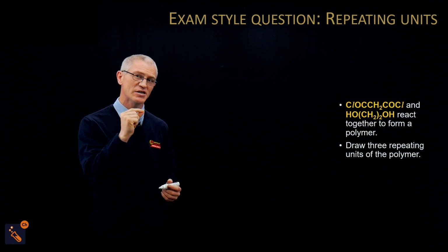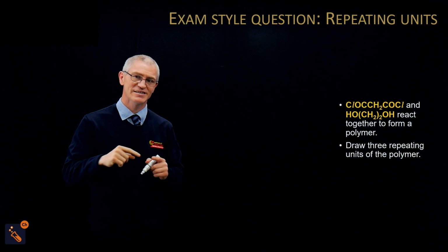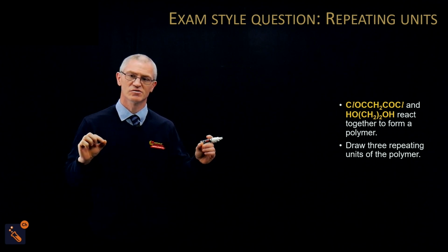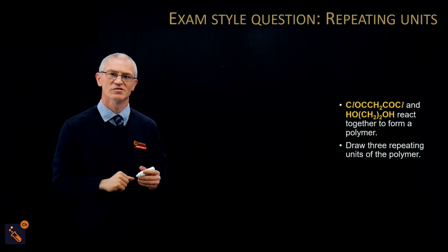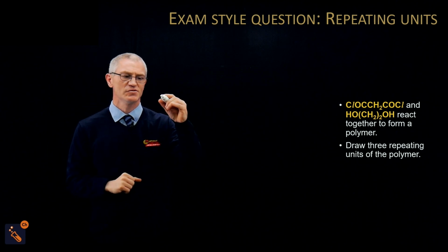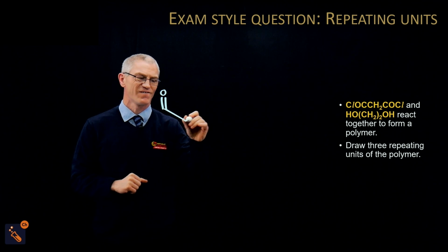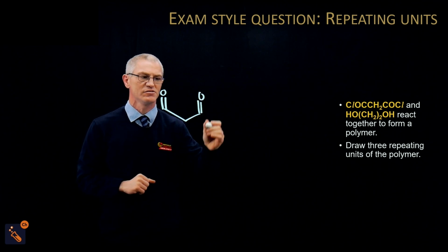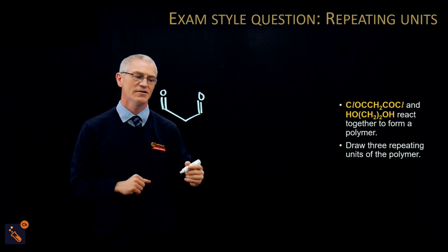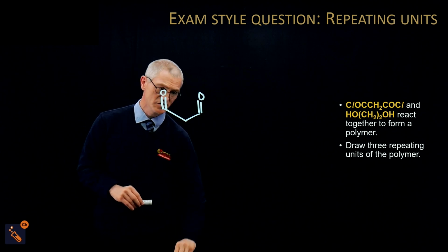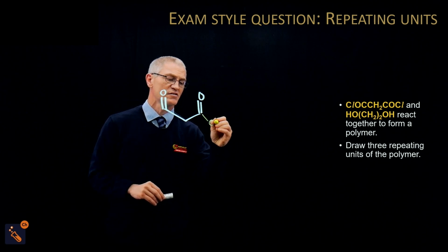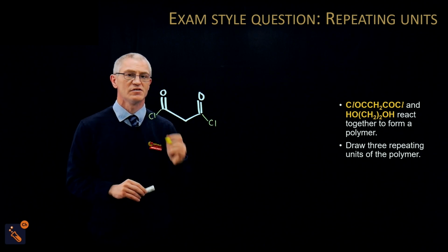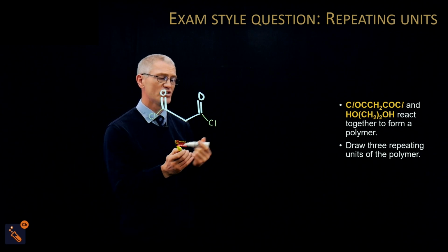And they're asking for repeating units, so it does end in open bonds, and I'll show you what that means in a minute. But first of all, here's our acyl chloride. So you've got the acyl chloride there, and our acyl chloride has Cl coming off there. It bonds with your alcohol.